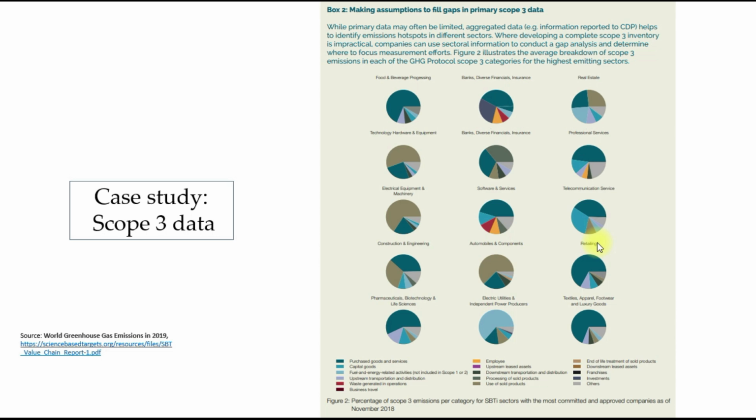Some estimates even look at around 70%. So again, for such a significant part of the emissions, having a breakdown matters. At a starting point, when a company doesn't have the data, they can use this as a representation to conduct a gap analysis and determine where the key hotspots are.